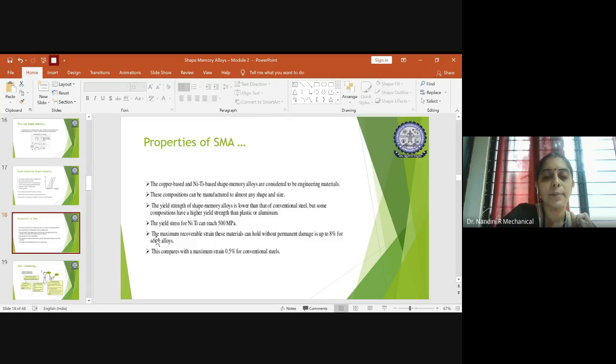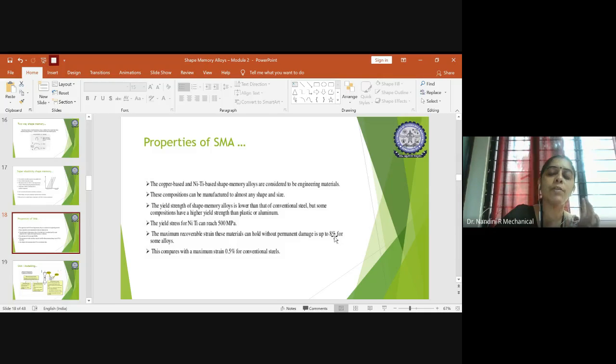And one more characteristic is the maximum recoverable strain. This material can hold a permanent damage of around 8% for some alloys. This mainly speaks about the memory concept of the material. I told you that it cannot come back to the original position 100%; it can be between 90 to 95. So roughly, the damage caused to the material due to non-recovery of the strain is within the range of 8% for some alloys.